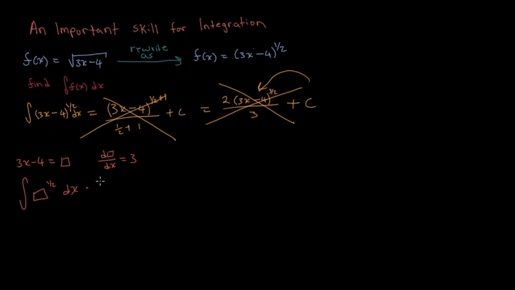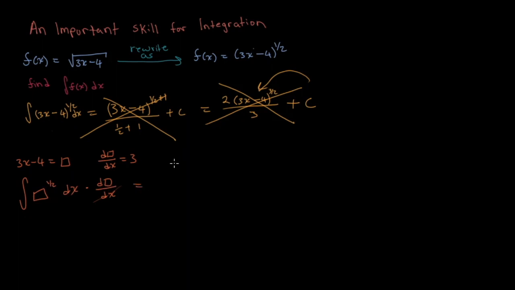And what you'll see is this. You can visualize it as the dx's canceling out. And so that'll give you this integral with respect to this box. What would that look like?